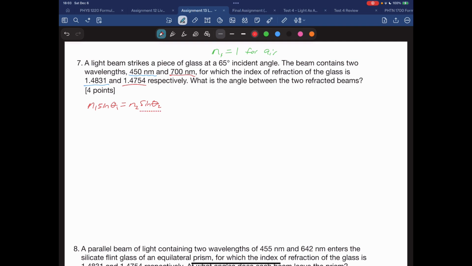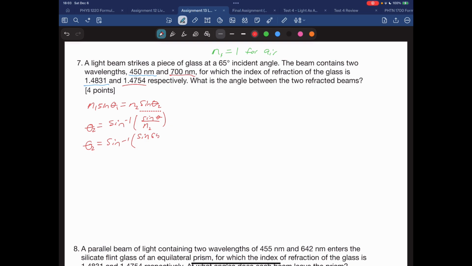Rearranging for theta 2 gives me the arc sine of sine theta 1 over N2, which is equal to, well, actually not equal to, I gotta plug in numbers first.